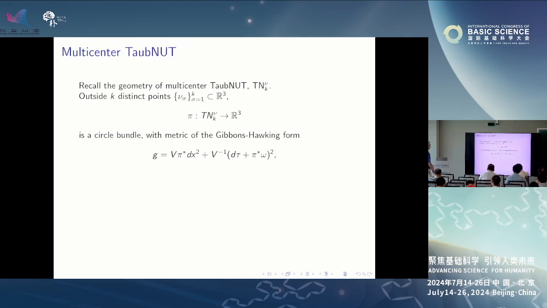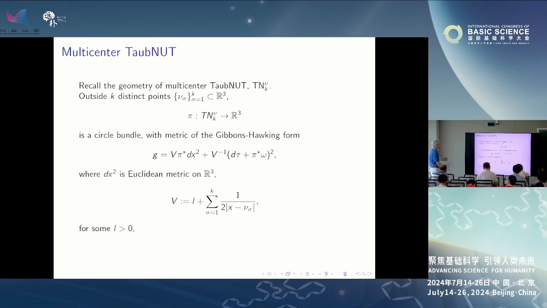And it has a metric of Gibbons-Hawking type. So the metric g is V times the pullback of the usual Euclidean metric on R3, plus V inverse times (d tau plus pi star omega)^2, where d tau is just a coordinate in the circle fiber, and some connection term, pi star omega.